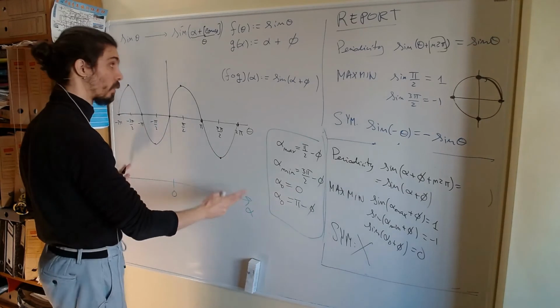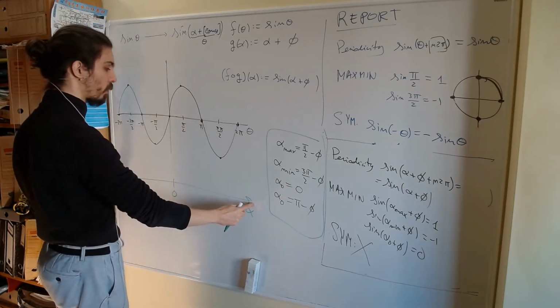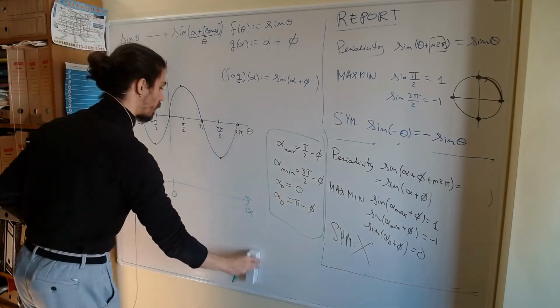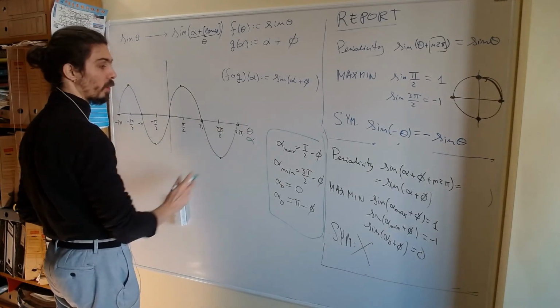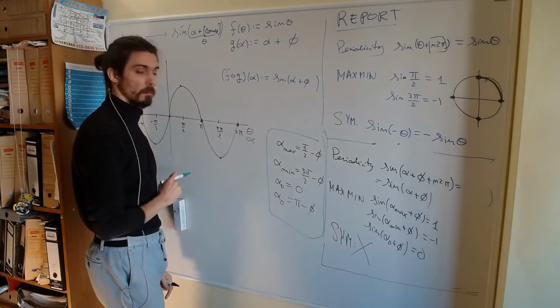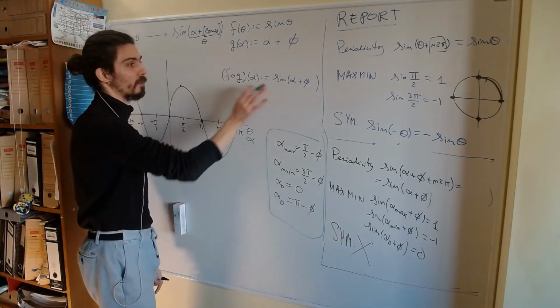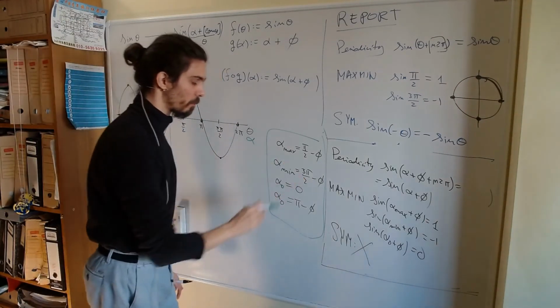But because I want to compare before and after, I'm going to superimpose the two graphs. So I'm going to bring this horizontal axis and put it on top of this one. And so the values of theta and alpha are going to coincide. Whether I'm talking about theta or alpha depends upon whether I'm talking about the graph of the sine or the graph of the composite function. Now let's start by marking here the important points.